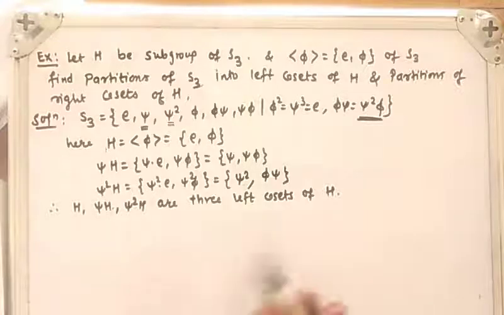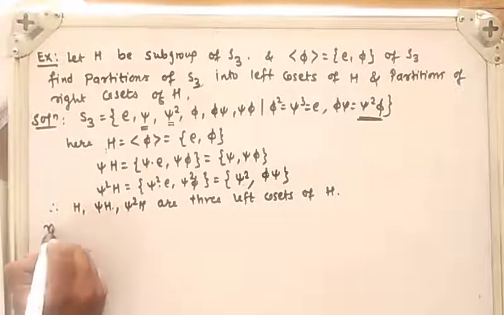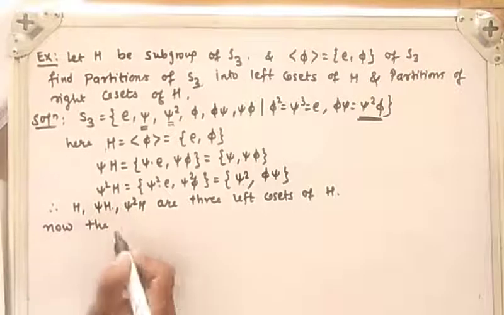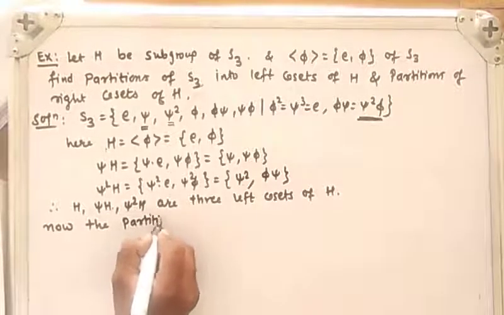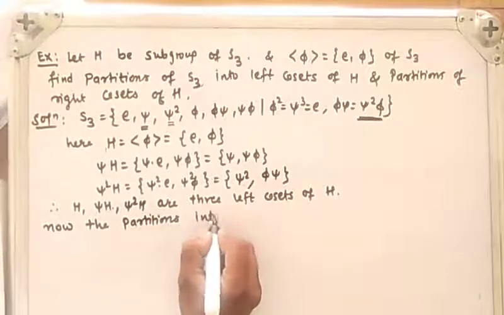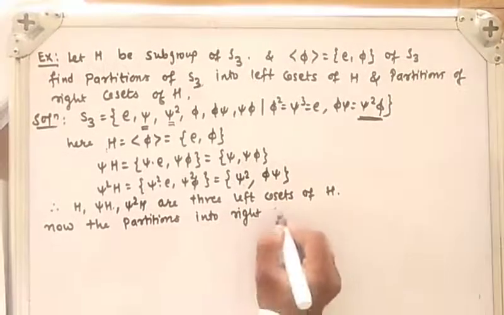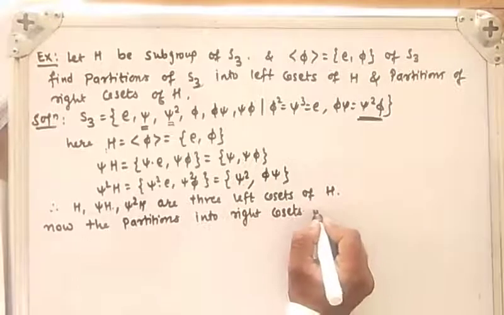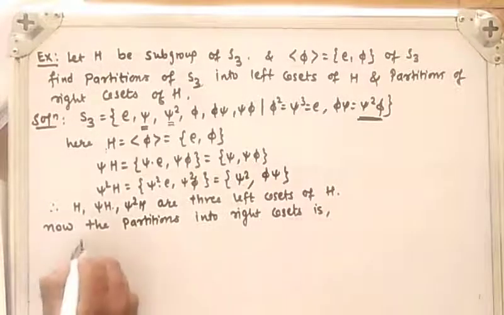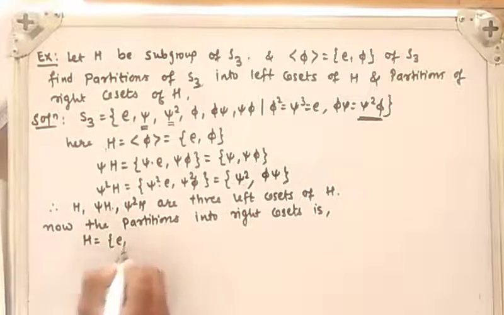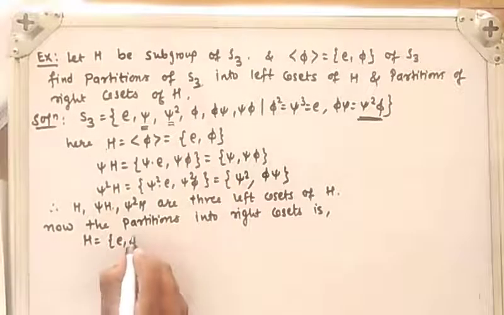Now to find the right cosets, that is the partition into right cosets of H, here H is identity and phi.